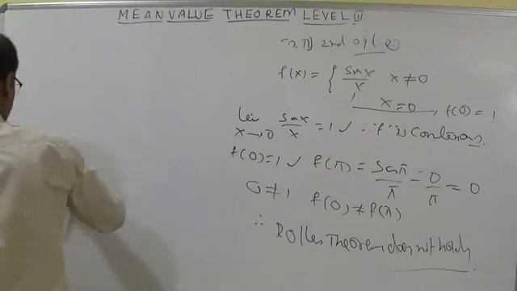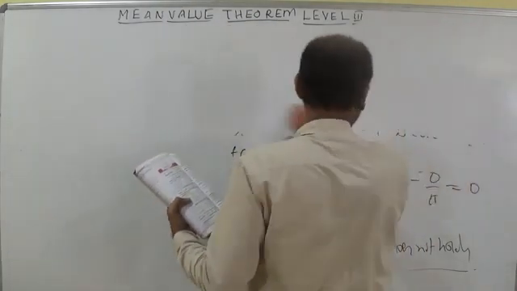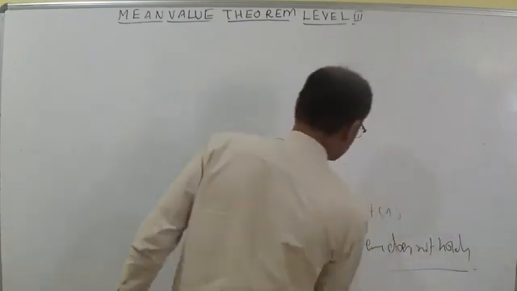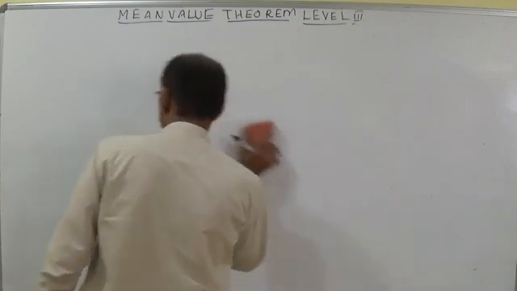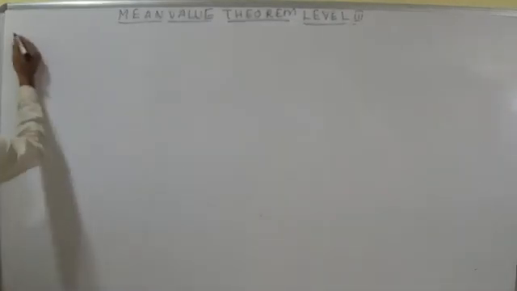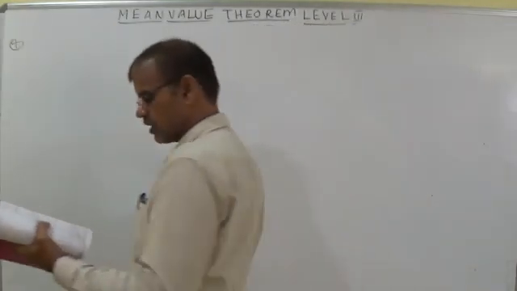Next, let us discuss the fourth question. Let f of x be a non-constant differentiable function. Non-constant, because whenever it is constant, the derivative is 0, so there is no question of checking the Rolle's theorem conditions. That is why the condition is given that f of x is a non-constant differentiable function for all real x and f of x equal to f of 1 minus x.